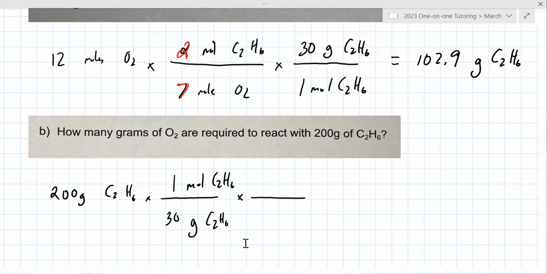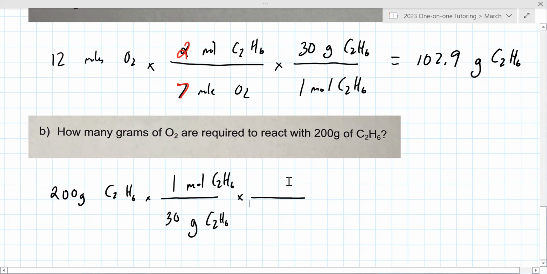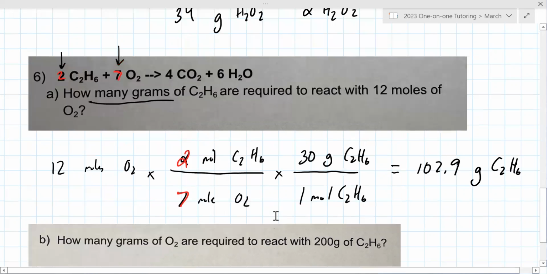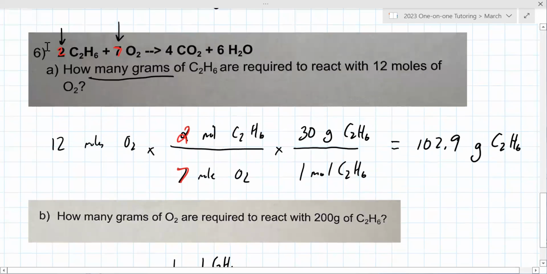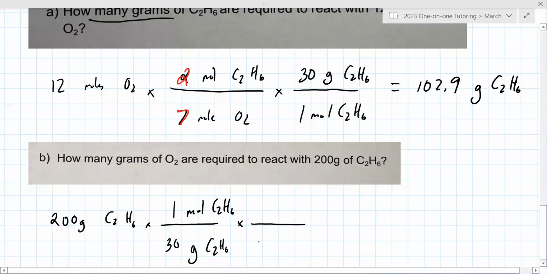Times, so from here you go back and use the coefficients. C2H6 is here, there's 2 of them. We want to go to O2. So there's 2 moles C2H6 and 7 moles O2.